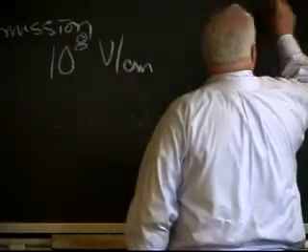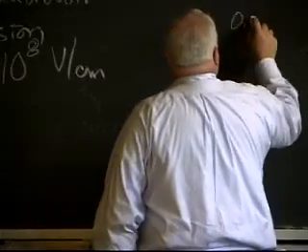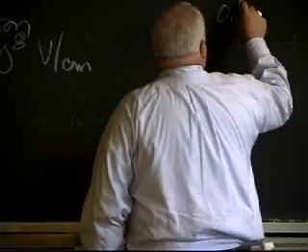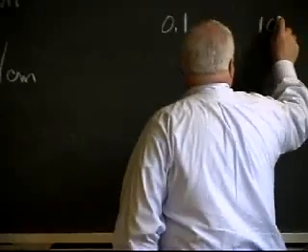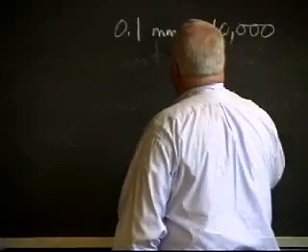Now, it turns out, I told you before, if I went down to, let's say in Paschen breakdown, I went down to 0.1 millimeters, and I had 10,000 volts. Okay?